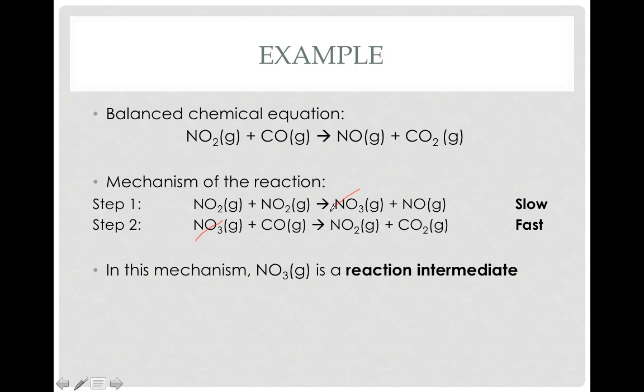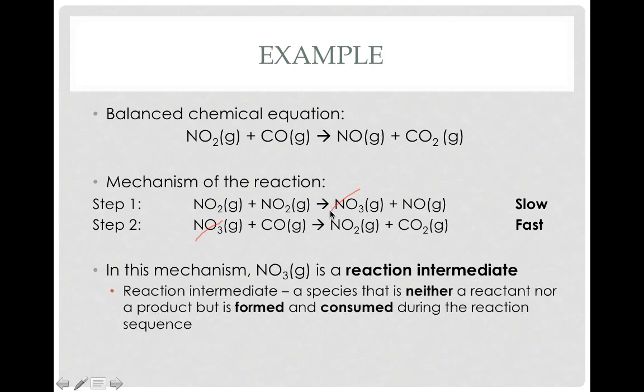So in this case, NO3 is identified as a reaction intermediate, okay? A species that is neither a reactant nor a product, but is formed and consumed during the reaction sequence.